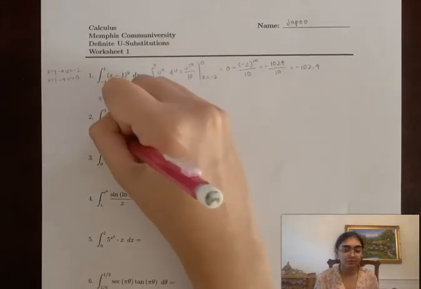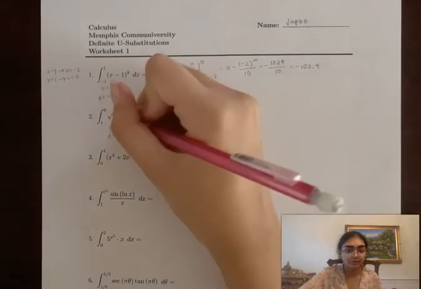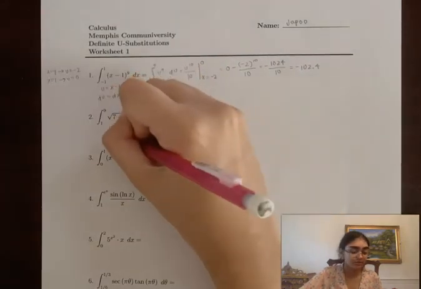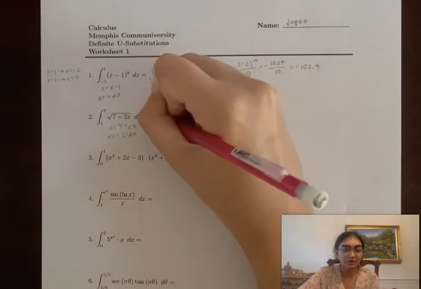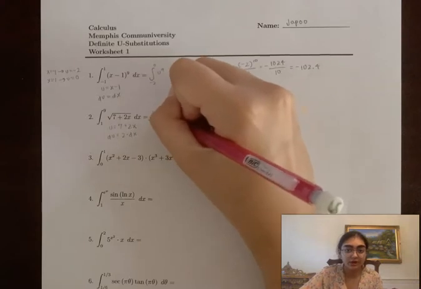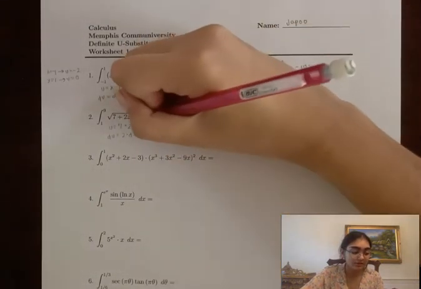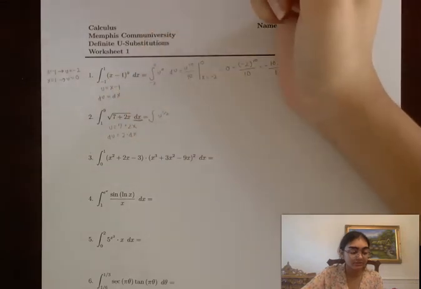So first what we're going to do is find our u. Our u is going to be 7 plus 2x. And our du is going to be everything else that's left over. So actually, in this case, our du is 2 times dx.